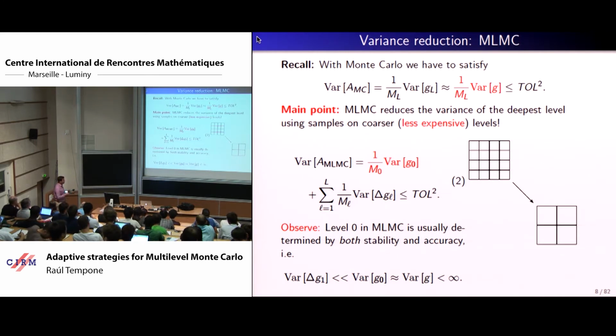If they become very, very small, it means that for really deep levels, when L is large, each sample costs a lot, but the variance is correspondingly small. So the number M that I will have to use is really small. And this is where you get real advantages, because you're sampling much less in the most costly levels. All right?